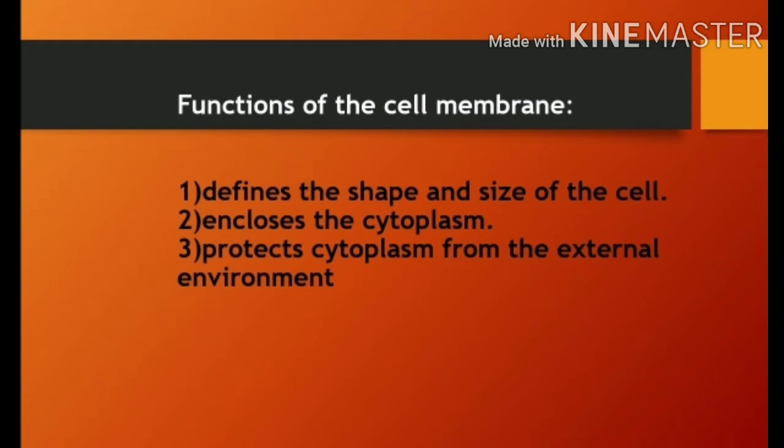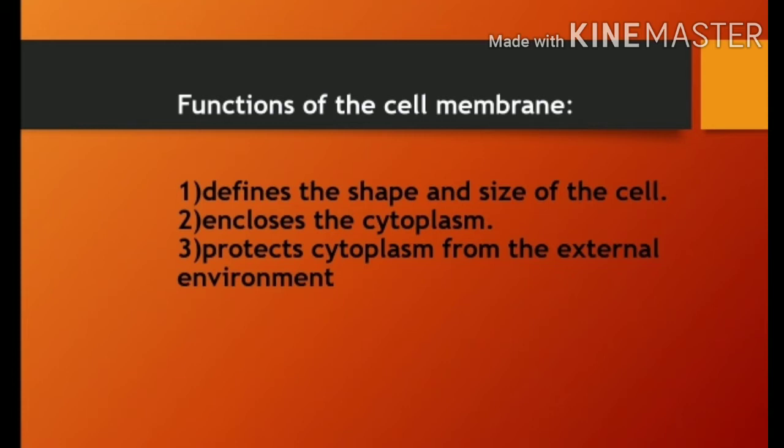Cell membrane has several characteristics and functions. Now we are going to discuss the functions of the cell membrane, which include that it defines the shape and size of the cell, it encloses the cytoplasm and protects it from the external environment, because the internal environment of the cell is different from that of the outside environment.